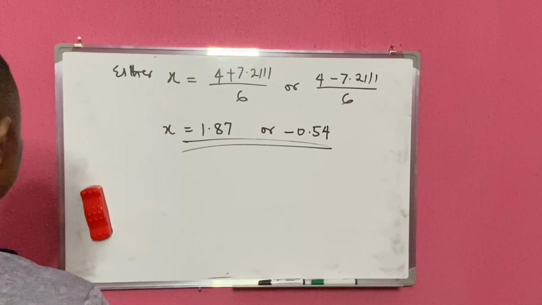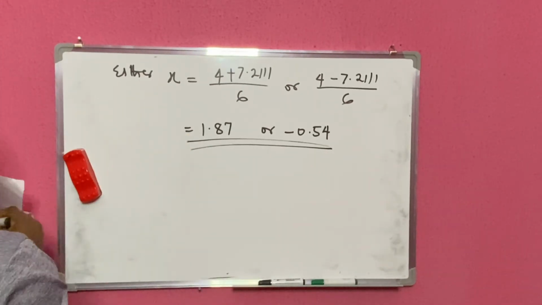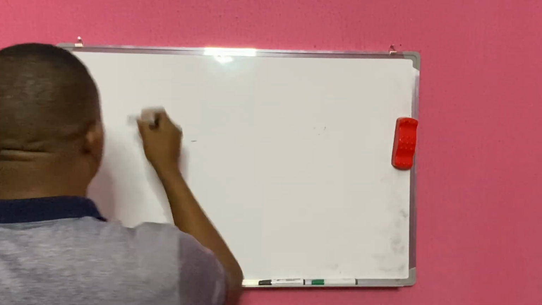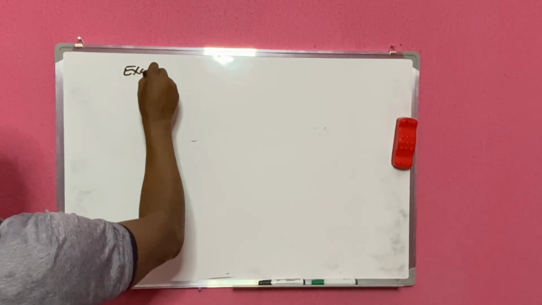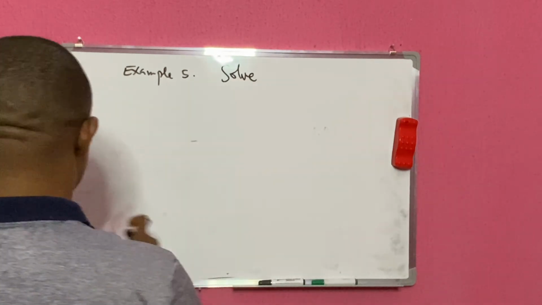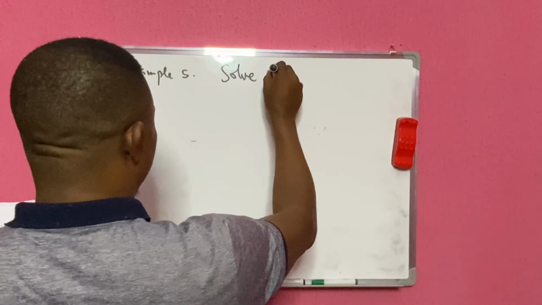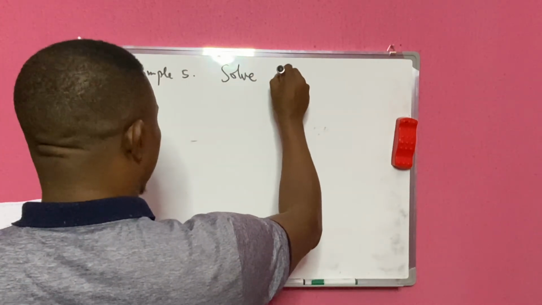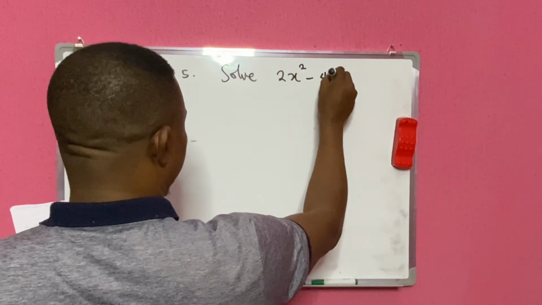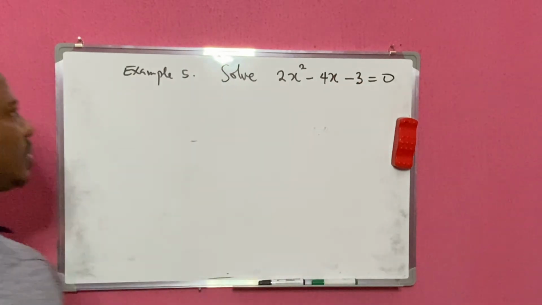Example 5. Solve 2x squared minus 4x minus 3 equals 0.